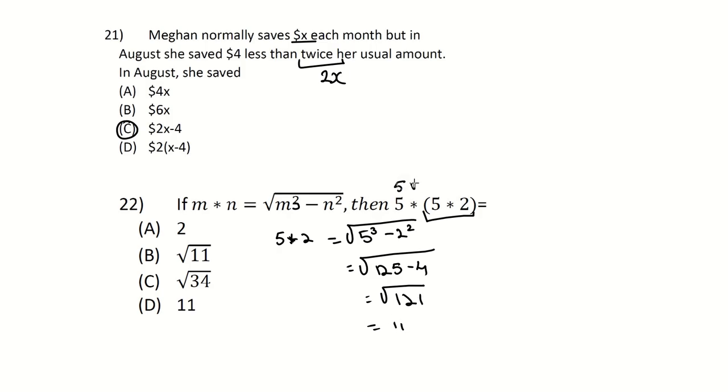So it would be 5 asterisk 11, which turns into the square root of 5 cubed minus 11 squared, which is the square root of 125 minus 121, which is the square root of 4, which is 2.